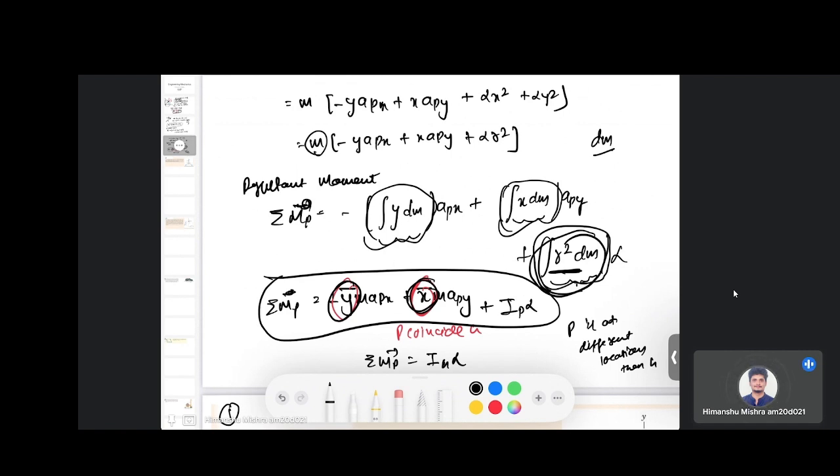But if point P is at the center of gravity, then x bar equals 0 and y bar equals 0, because the point P is itself on point G, and the distance between P and G is 0. Then the moment will be only given by this quantity I, which is the moment of inertia, times the angular acceleration alpha.